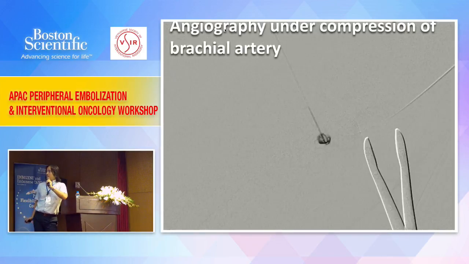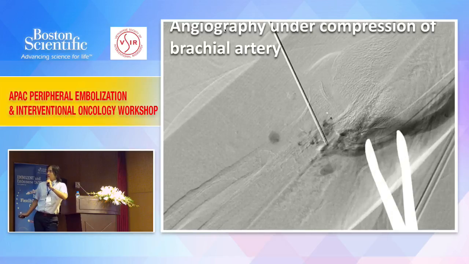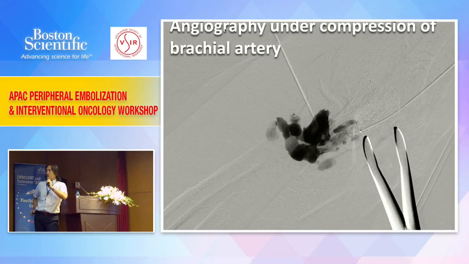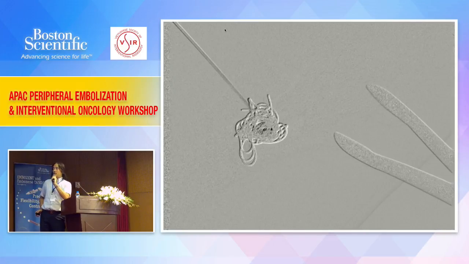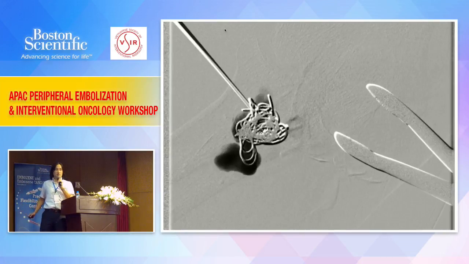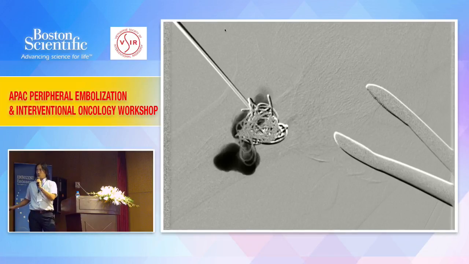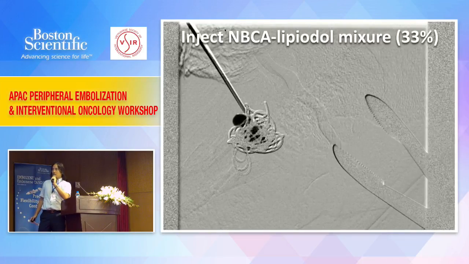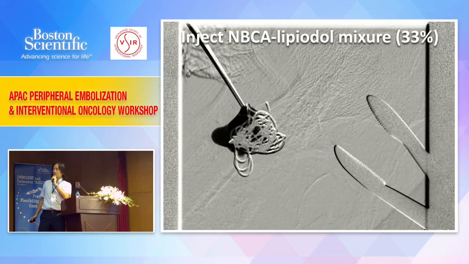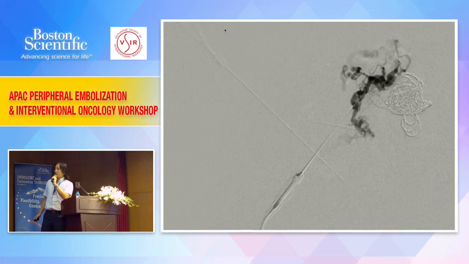I think that around here is all the venous component of the nidus. So at first I injected coils from this needle, and we can get stagnation of the flow. Then we inject alcohol to eradicate the whole venous component. Finally, we inject the glue.